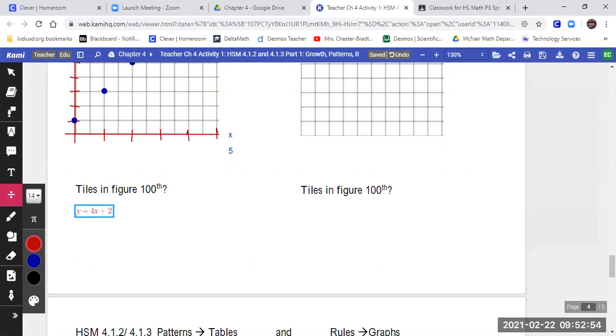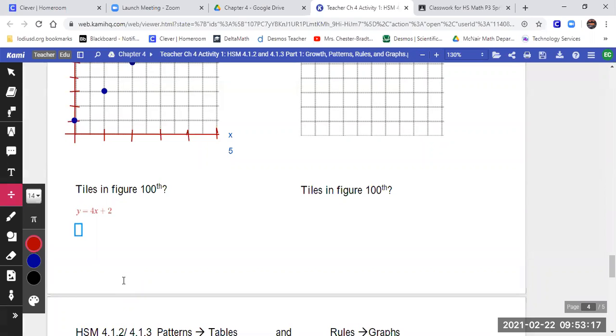And to find figure 100, what are we going to do? Since this was on Friday's quiz, we should know how to do this.